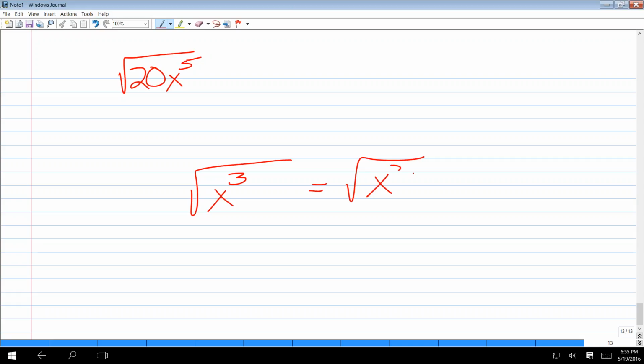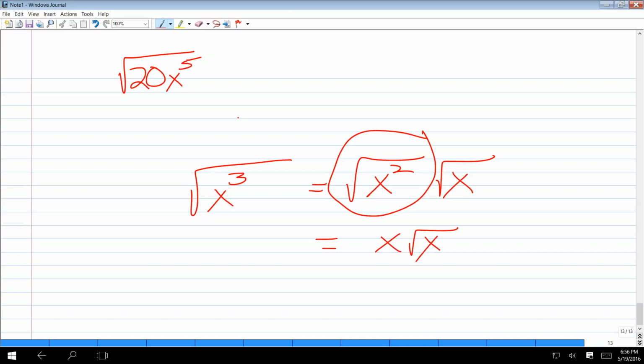Let's turn it into an x squared and an x. That's the same as x cubed. Now we know what that is. What is that again? X. So the answer would be x square root x. That's the answer to the square root of x cubed. What if it was x to the fourth?